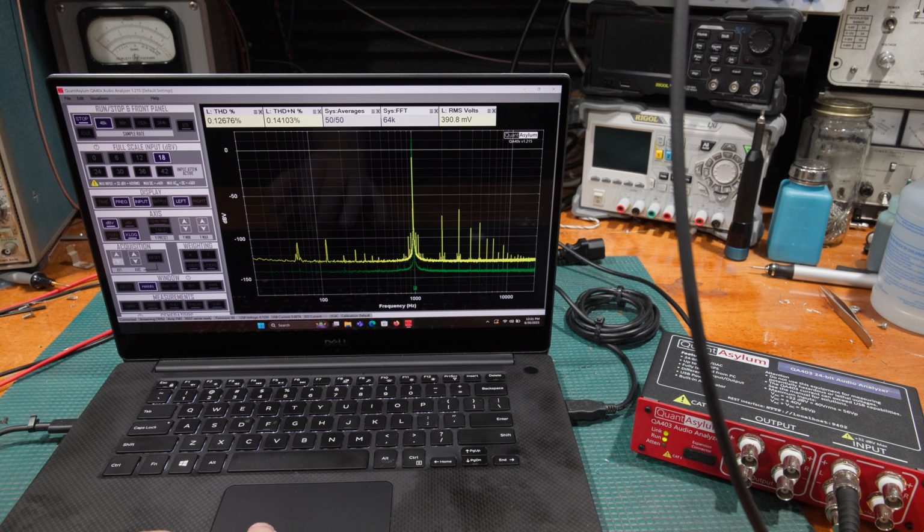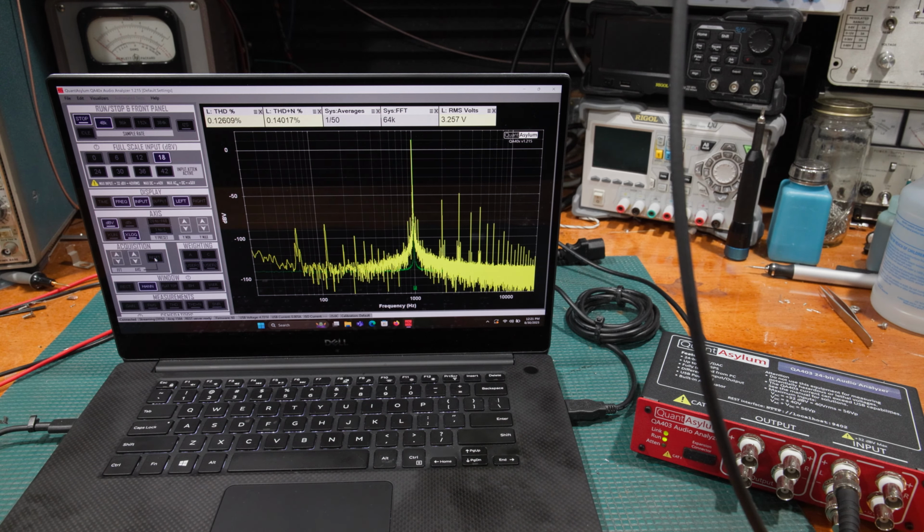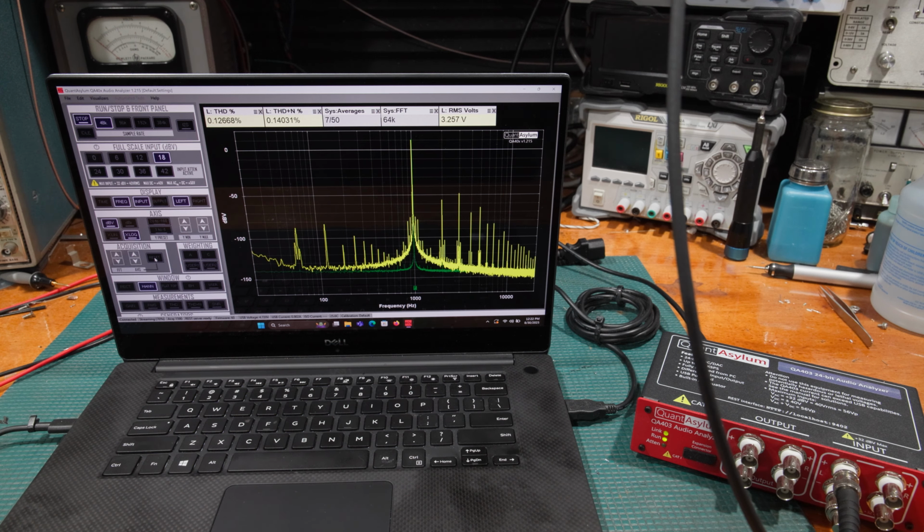So we're going to reset the averages here right now, and we're going to let this build. The green trace that you see on the laptop screen as it's building is the reference, the QuantAsylum's own internal. So we're going to compare that to what could arguably be called the best that I have here in the lab.